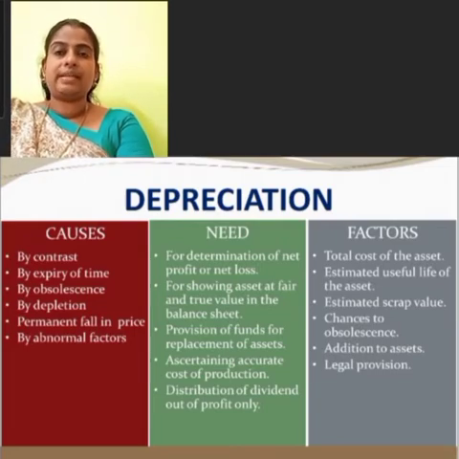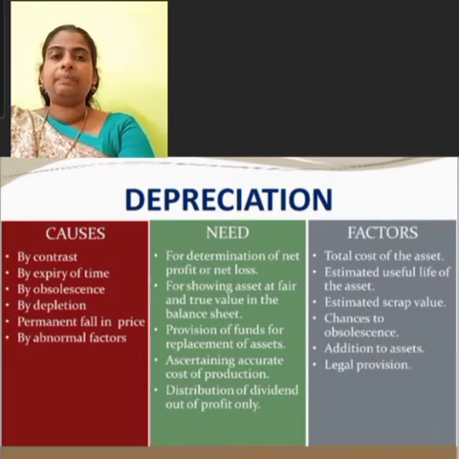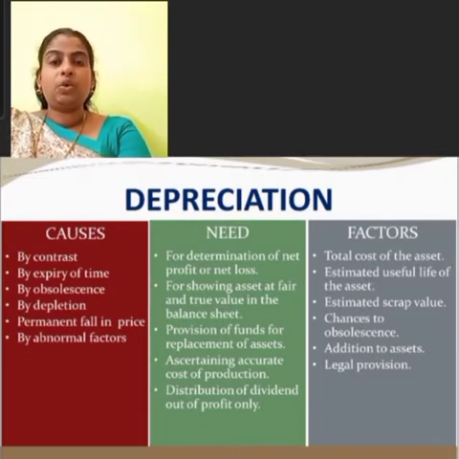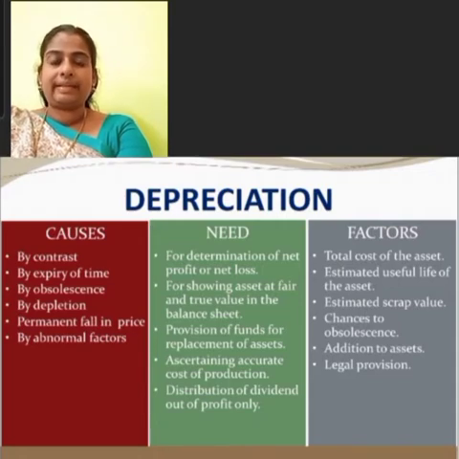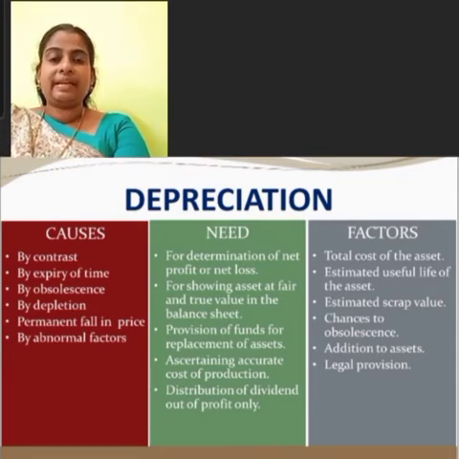And the third cause is by obsolescence. The old assets will become obsolete due to new inventions, improved techniques, and technological advancement. Another cause is by depletion. As we know, depletion means decrease in the value of natural resources.